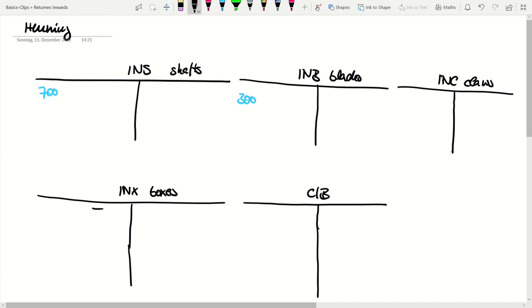So I record the value, which is 700 multiplied by the price of $5. That gives me 3,500. Opening value 3,500. The next opening value is about the 300 steel blades. 300 steel blades multiplied by $20 is going to give me 6,000.